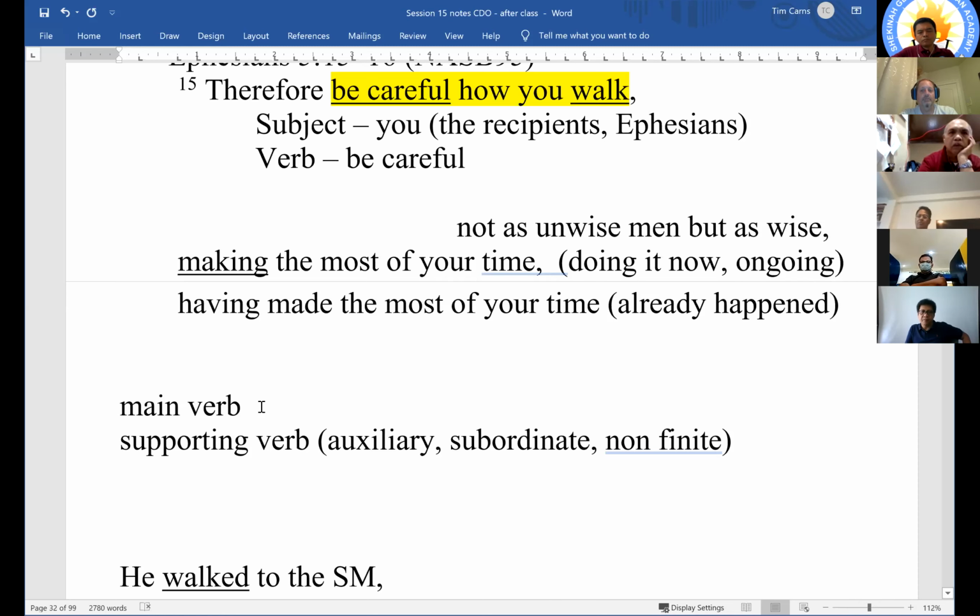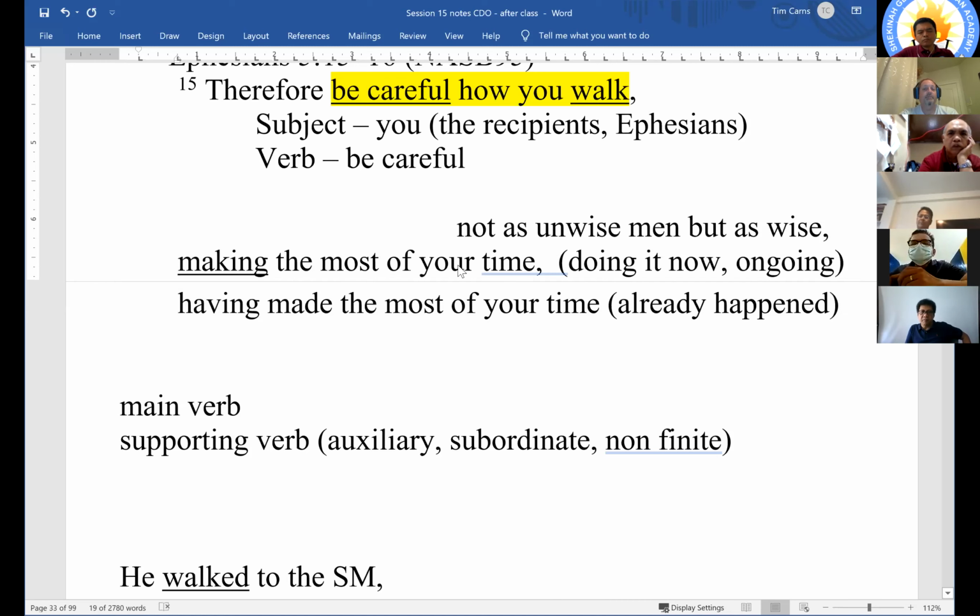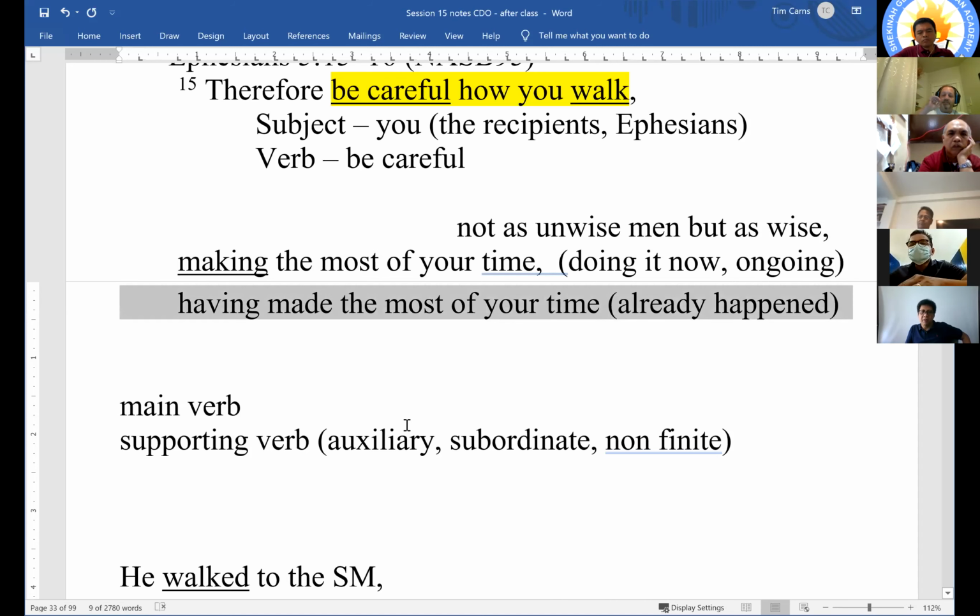These two sentences, right? The actual sentence was making the most of your time. That's present. This is how you walk, by making the most of your time. Now the second one is past. It's a participle, but it's happened in the past. It's not happening now. It's something that happened before.